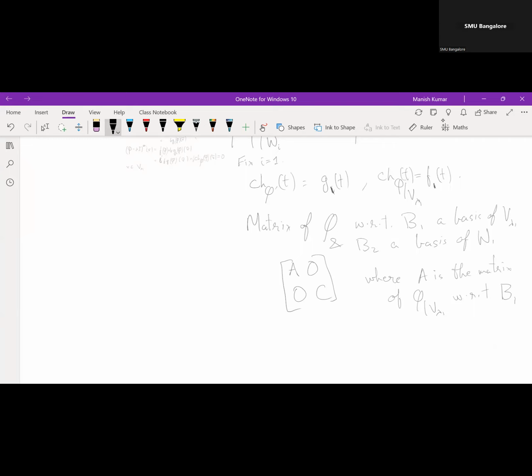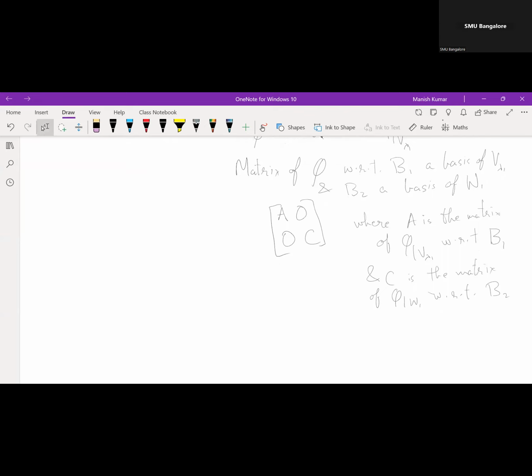And C is the matrix of phi restricted to W1 with respect to B2.